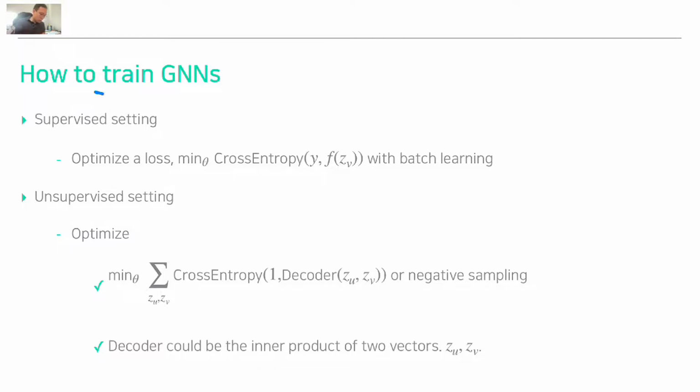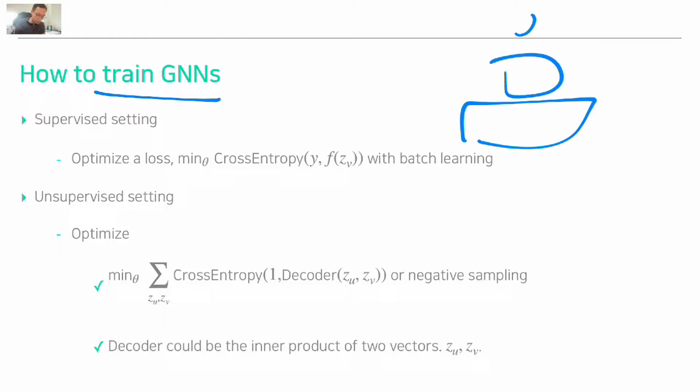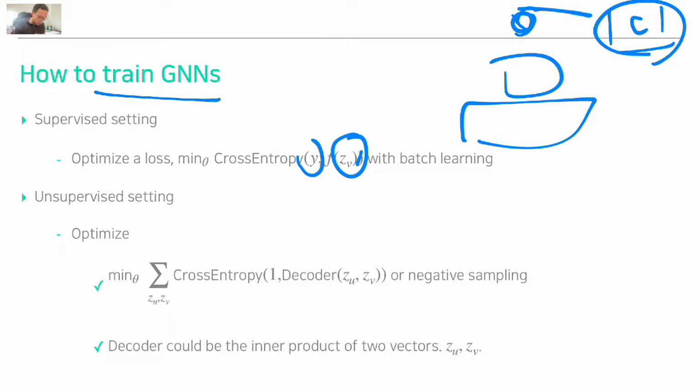So to train GNN, we reduce the dimensionality in the supervised setting. Maybe at the final layer, the output dimensionality could be the same as the number of class labels. And we put the softmax layer here, and we get the final prediction from the function f, and we compare to the true label, and we compute the cross entropy between the two vectors, and we train the neural network.